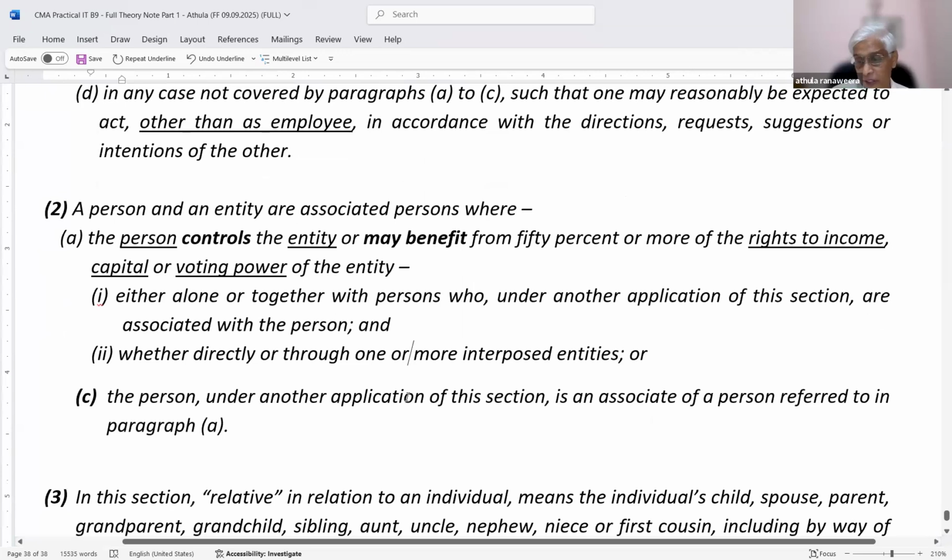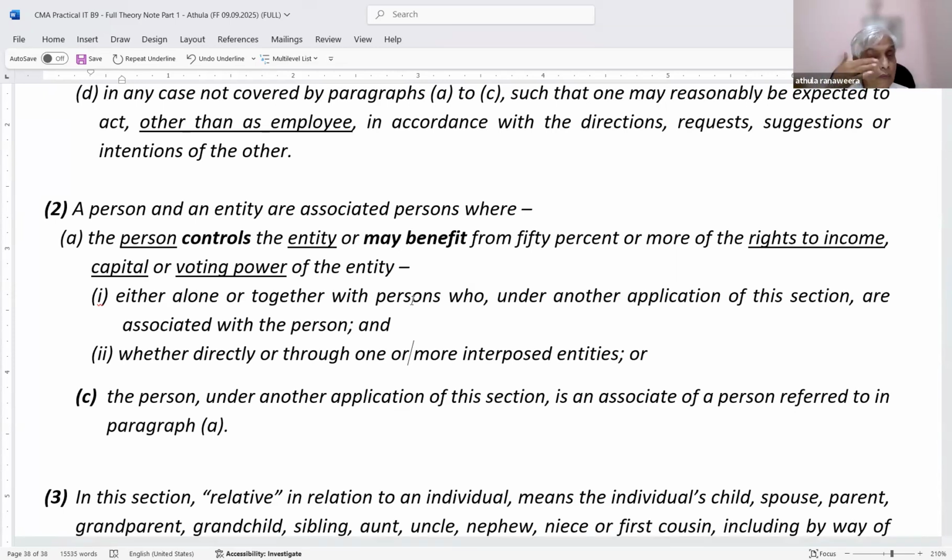Then it explains further. Now, this controlling or getting benefit, by which way? Either alone or together with persons who, under another application of this section, are associated with the person. Either alone or together with other persons. That means solely or as a group or connection.